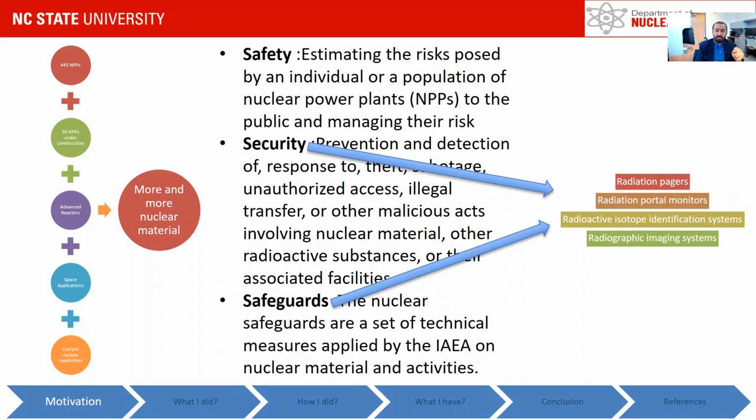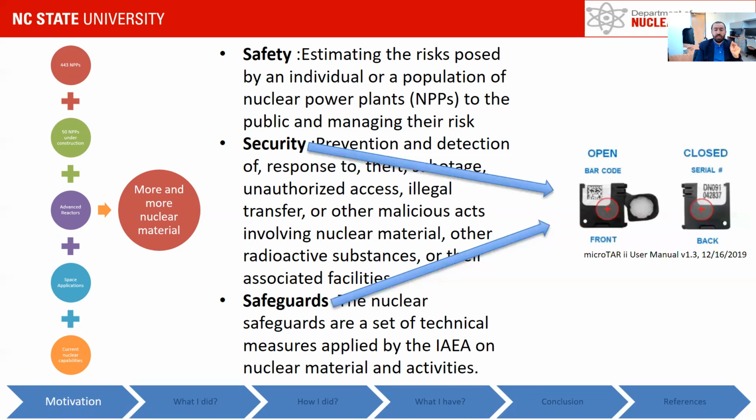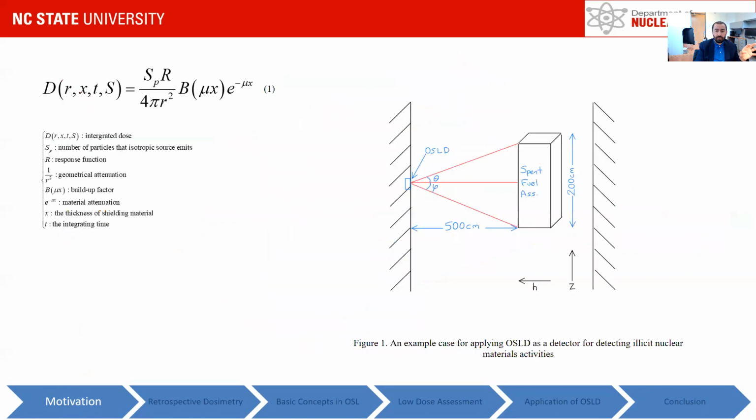In my master thesis, I suggested that the Landauer nanodot OSLDs are a capable alternative method to detect any illicit nuclear material activities. With this framework, first, for the low dose, I got the background dose, initial dose, and the bleaching constant for low dose with the microStar reader. Then I put together a framework like this.